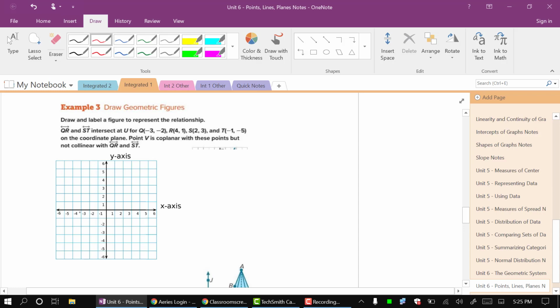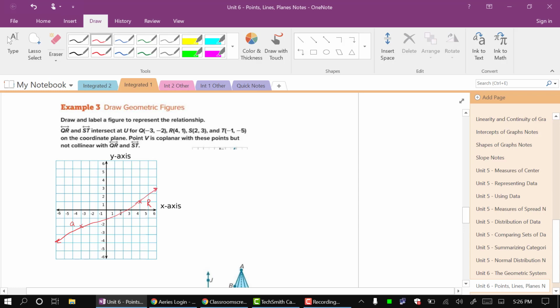Q is going to be over here at -3, -2. Then R is going to be over here at 4, 1. It's not going to be perfect, but here's the line that goes through them.